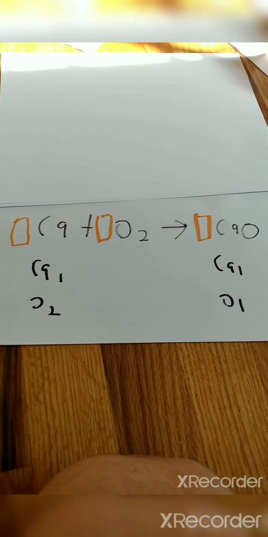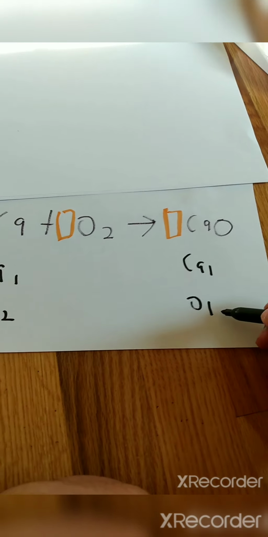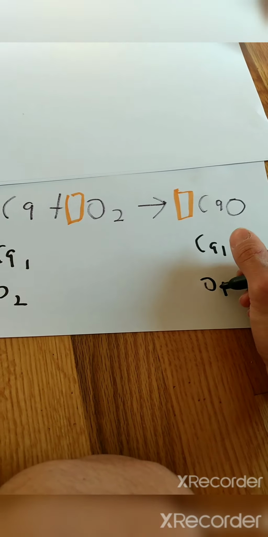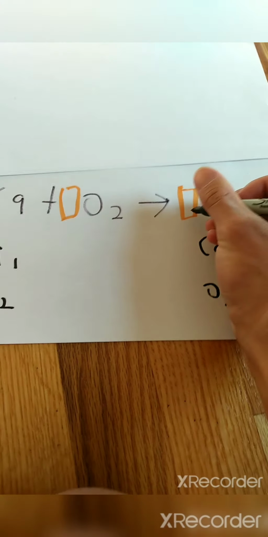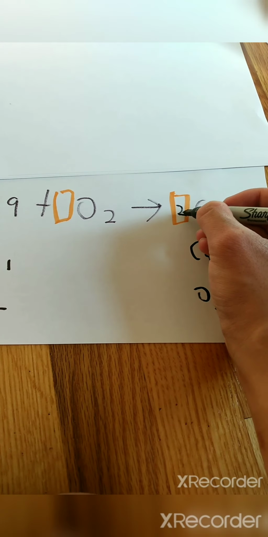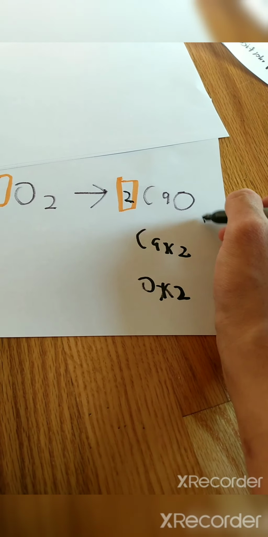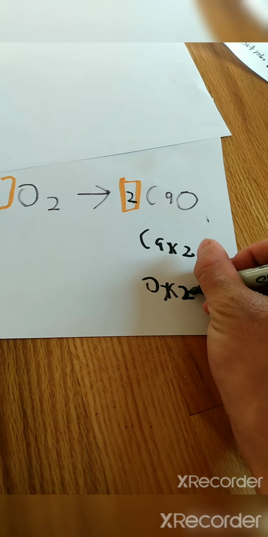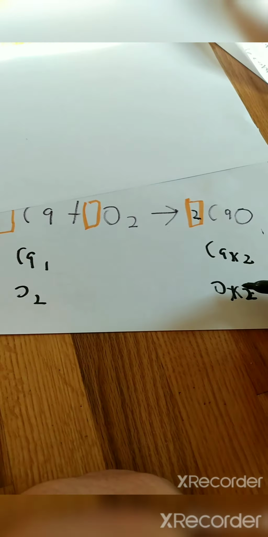This may require some trial and error, but since oxygen on that side has 2, and oxygen on that side has 1, we're going to try and change this to have oxygen be 2. So we're going to have this as a 2 as well. So 2 multiplied by 1, calcium now has 2. And 2 multiplied by 1, oxygen now has 2. So calcium has 2, oxygen has 2, and oxygen has 2.